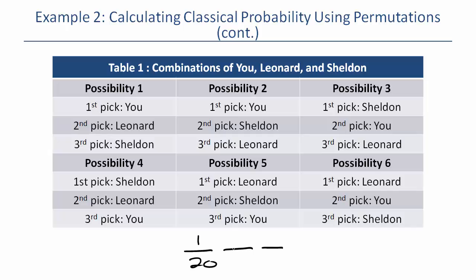Okay, now the second person can be either of your two friends, either Sheldon or Leonard. So don't you have 2 choices for those two out of 19? And then now you only have 1 choice left out of 18, because once you choose one of your friends, there's only 1 friend left. And look what you get. You get 2 over that same number that we saw before, and we get the exact same answer. The dash technique makes things so much simpler.